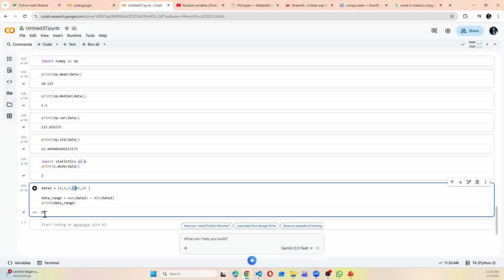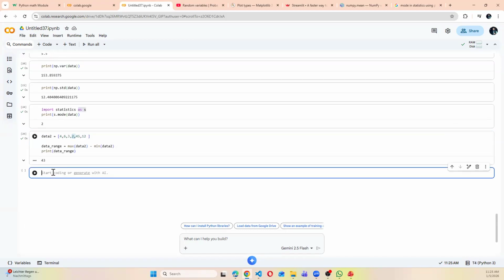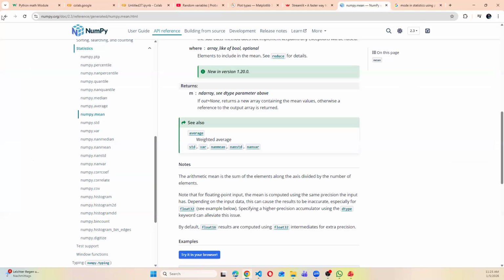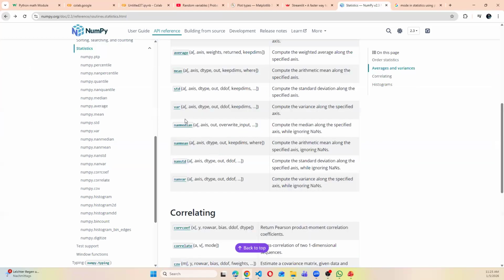So you can just do the same like this. If you want to do the interquartile range, you will just use NP again. We already have NP here. So I will say the first quartile is equal to np dot percentile. If you remember, percentile was there.